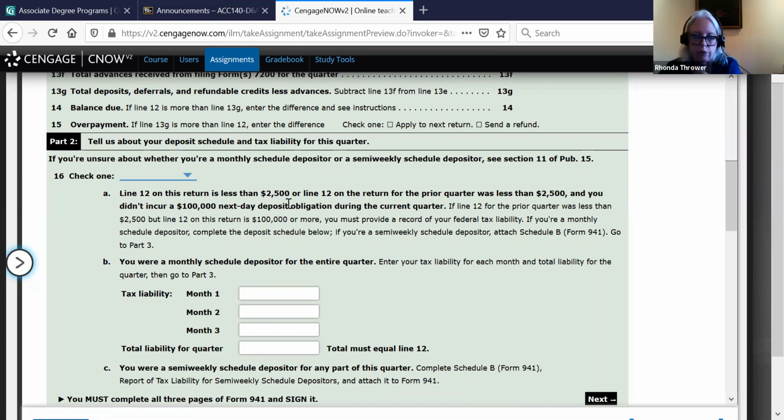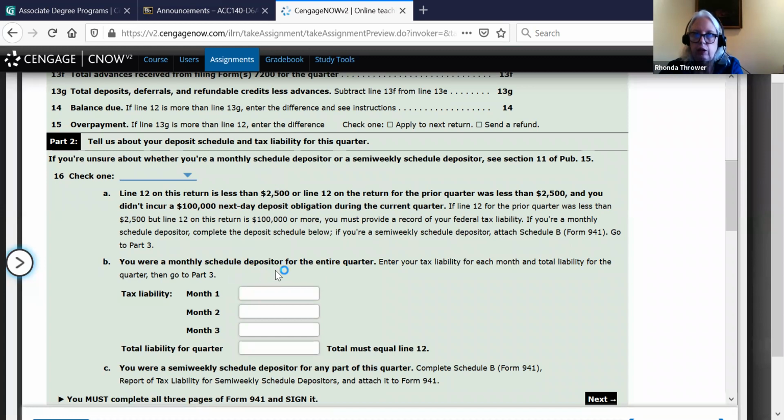Line 12, if we go back to the previous problem 11B, said it was $23,865.92. So that is definitely more than 2,500. So we're not going to choose A.